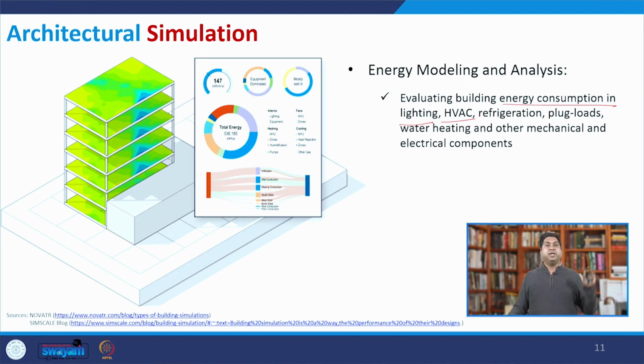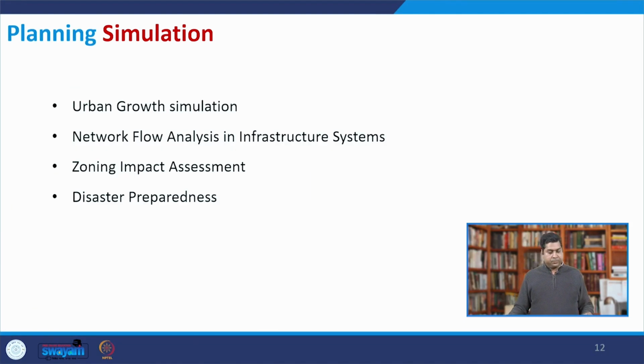Like in some areas where you find that this wall is getting heated, you can think about some material which protects against that radiation, or you can think about some kind of cavity wall which can also maintain the indoor and outdoor temperature effectively. So those kinds of design interventions can also be taken out of this architectural simulation.